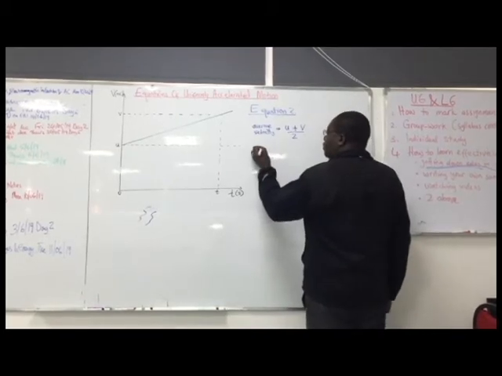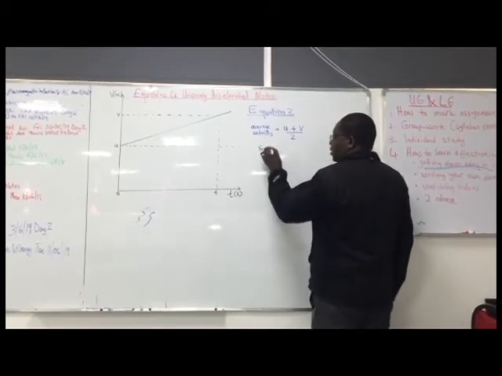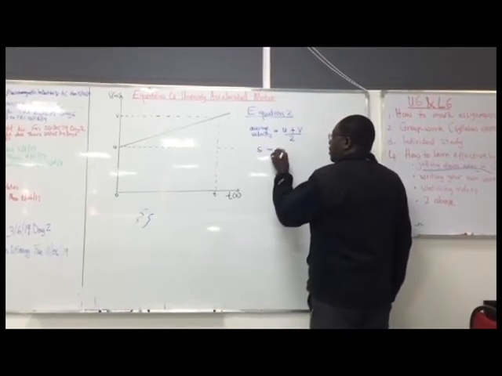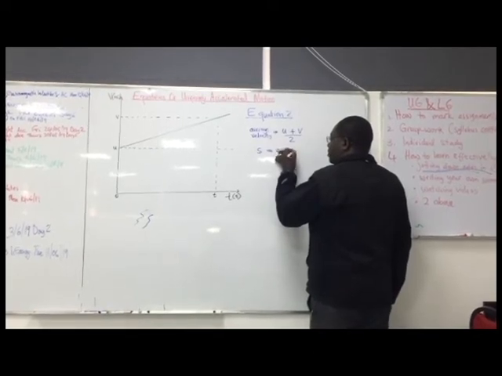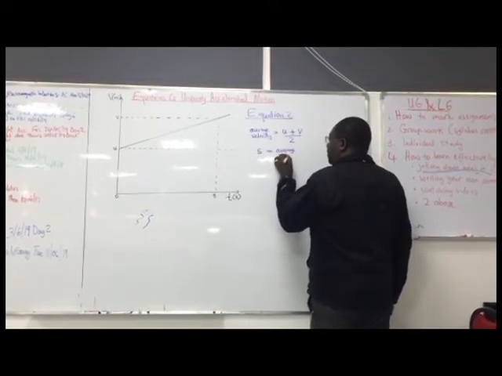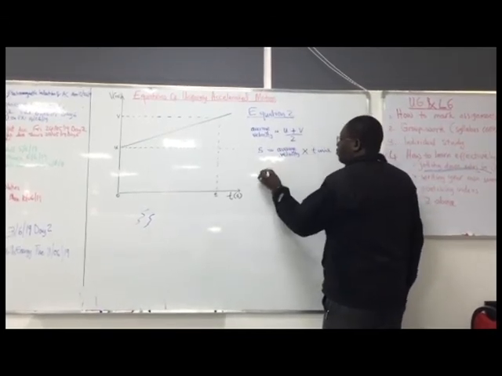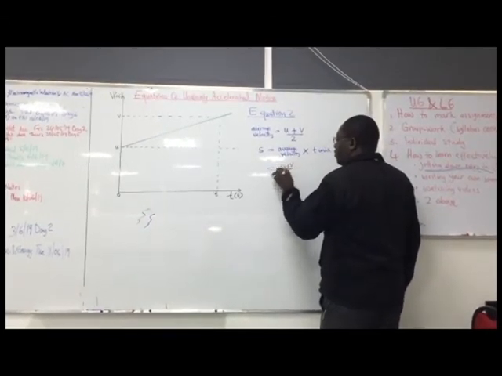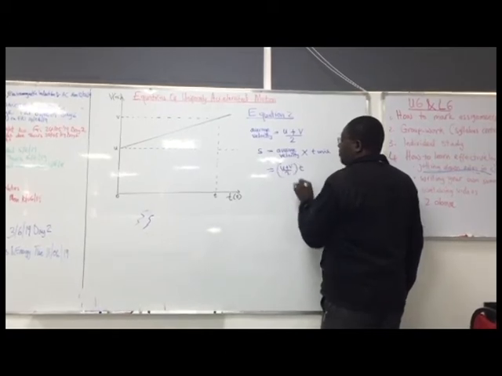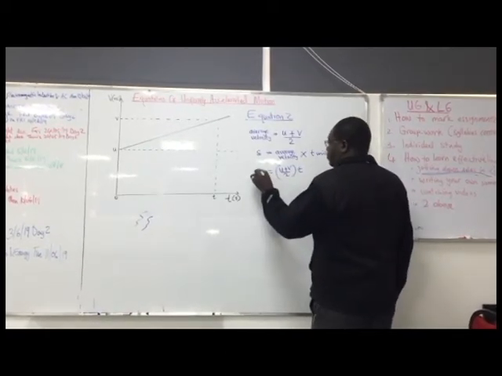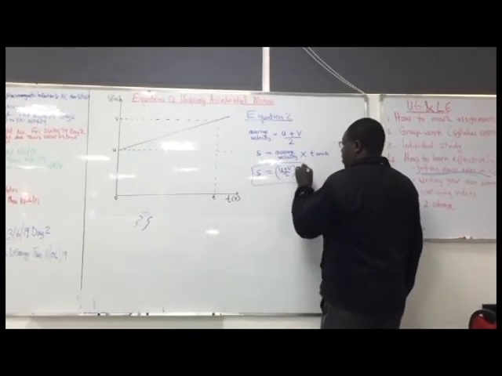Now we know that total distance traveled, s, is equal to the average velocity times the time. So this is going to equal u plus v over 2 times the time, which is t. So this is our second equation.